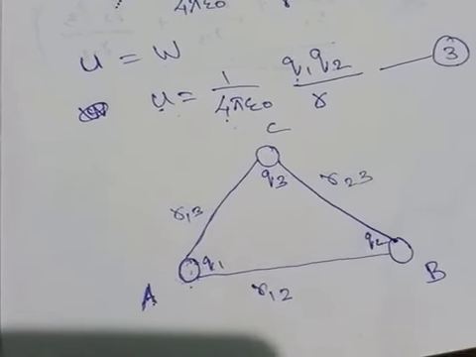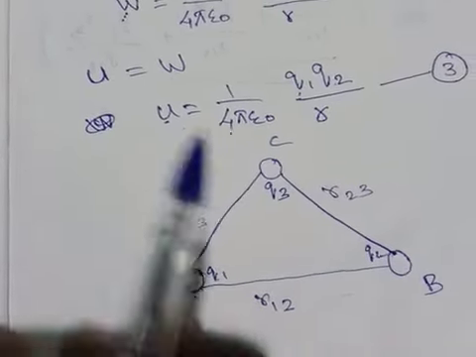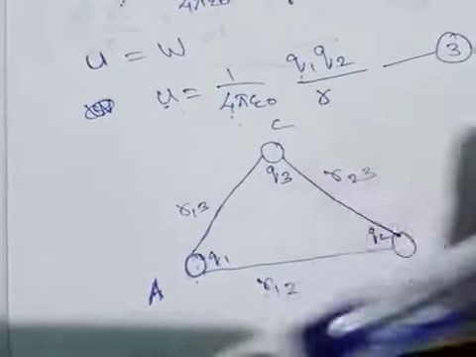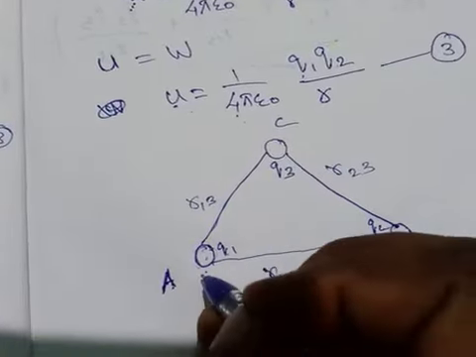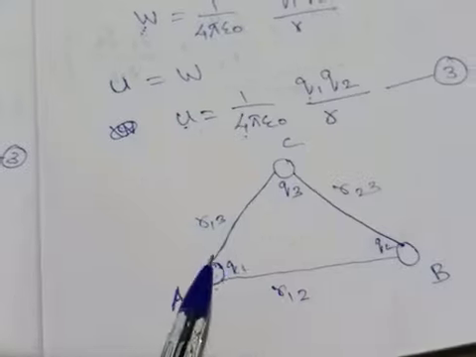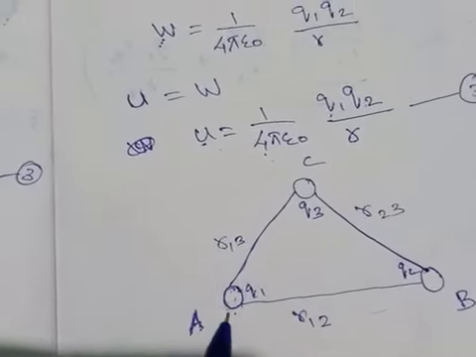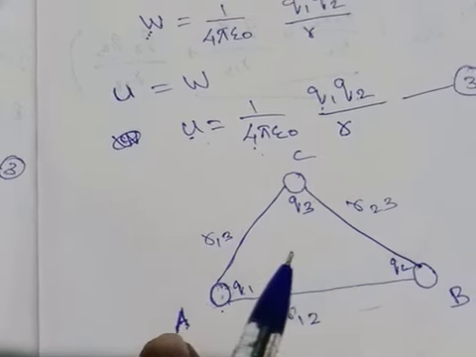What is the reason? There are no other charges nearby. You are only bringing a charge Q1 to the point of space A, so there are no other charges nearby to exert an electric force, so no work is required.